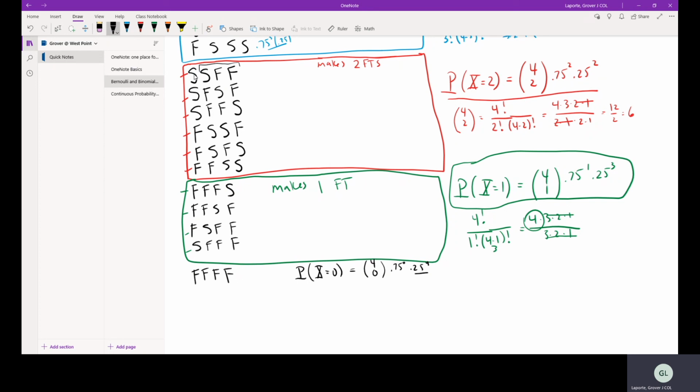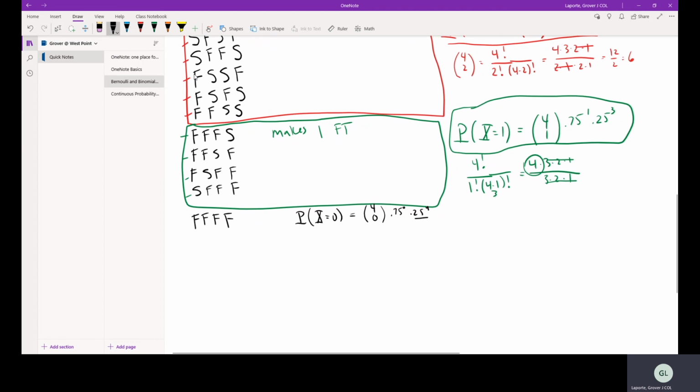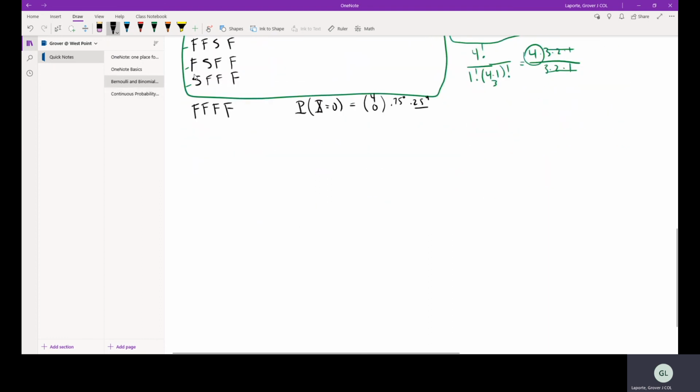Now that we have every single one of these and what the numbers come out to, let's write a PMF, a little chart here like we're used to doing, or at least we did last time. And so I'm going to need a lot of space to do this. So this is my small x here. So this is P of x.